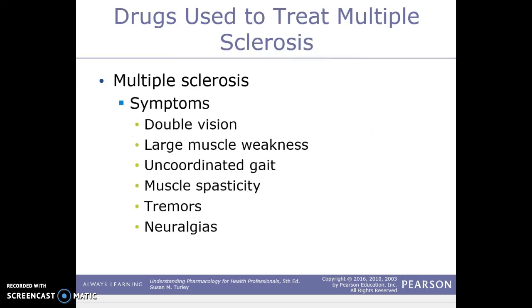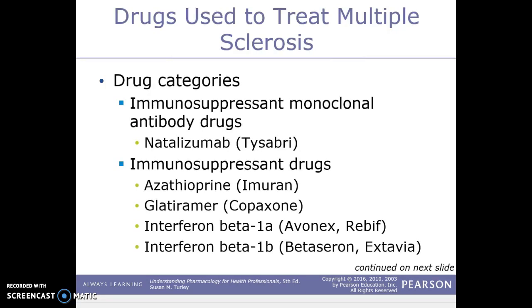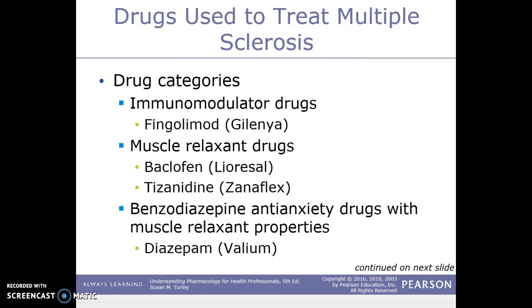So some of the things you'll see are uncoordinated gait, double vision, tremors, things like that. Again, a lot of different categories of drugs depending on how they want to approach it. Probably the most common ones that I've seen in this one are Imuran and Avonex. Those are pretty commonly used.